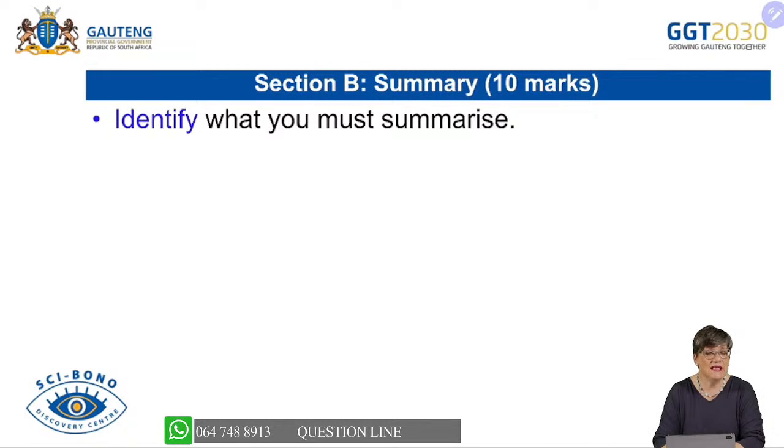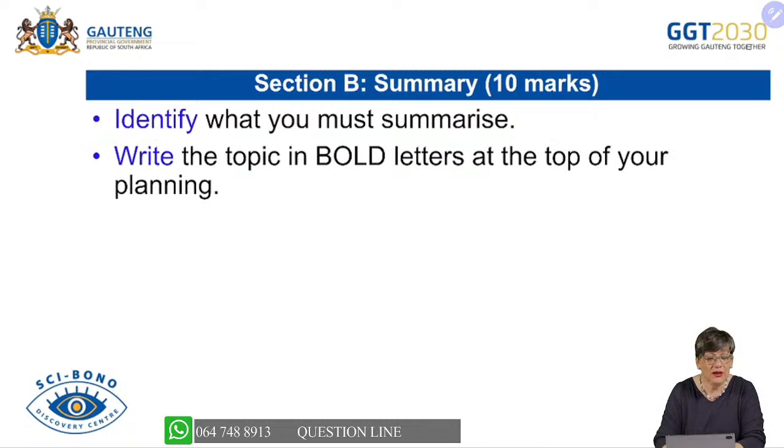First, identify what you must summarize. The instruction will be very clear as to exactly what they want you to summarize. Now, make sure you write the topic in bold letters on the top of your planning, so that you can keep this in mind the whole time. And you have to know, this is what I'm looking for.